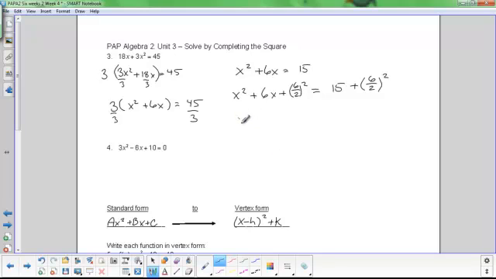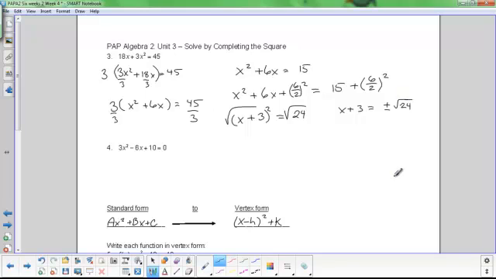That means I will rewrite this as x plus 3 quantity squared equals 15 plus 9, which is 24. Completing or solving this problem for x, we square root both sides, and we get x plus 3 equals plus or minus the square root of 24.